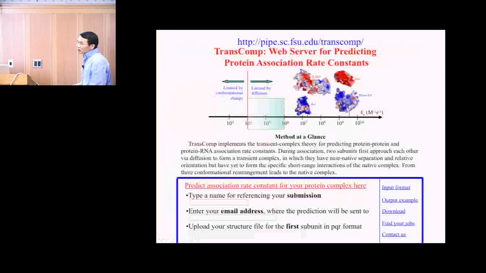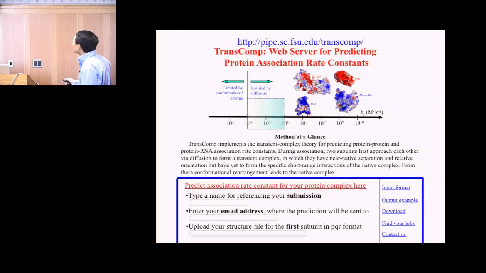All right, since we've done lots of tests of this method, we've now automated the implementation of the transcom method and developed it into a web server. Basically, it takes as input the structure of the native complex, and from that, the calculation is automated.